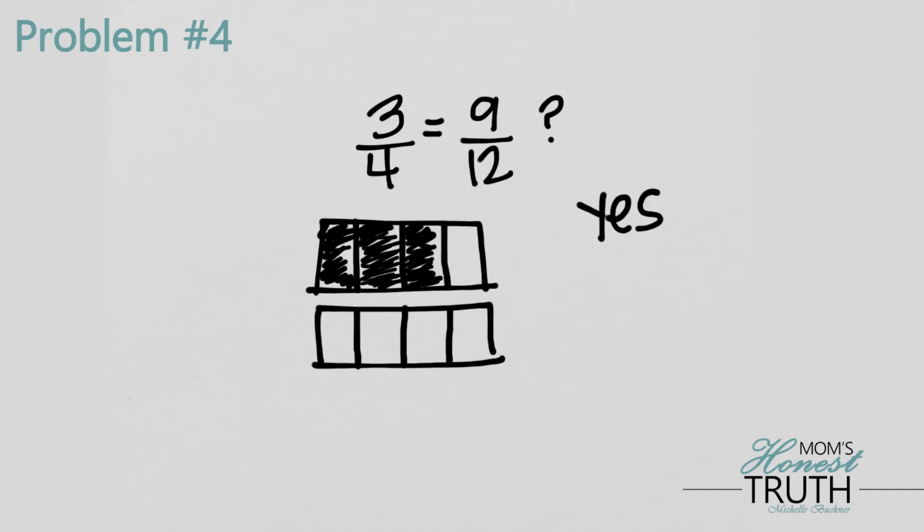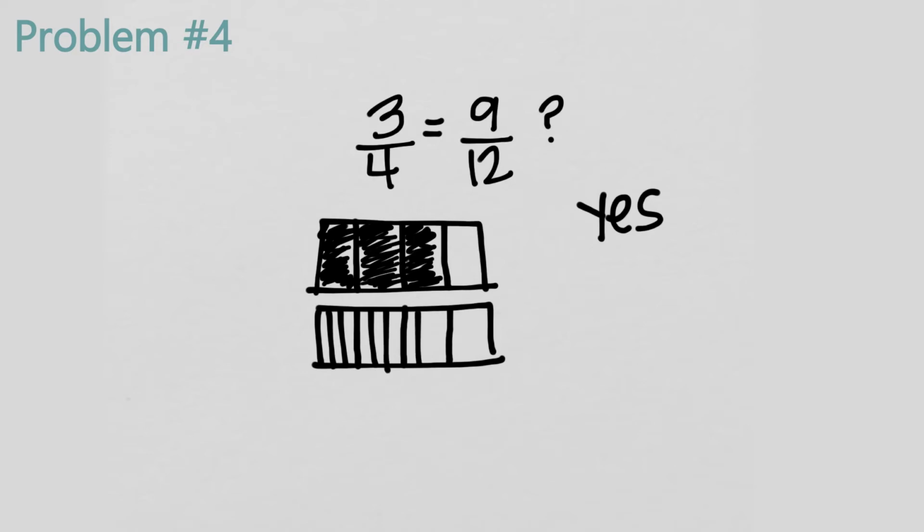And I'm going to further divide the diagram on the bottom into 12 equal parts. So we have 4 now. So each of these fourths needs to turn into 3 equal parts. And we have 9 parts out of 12.